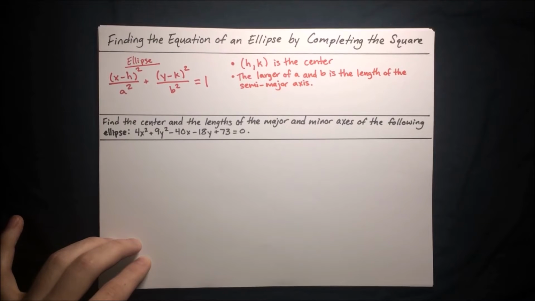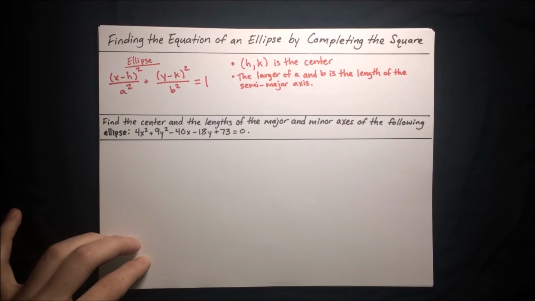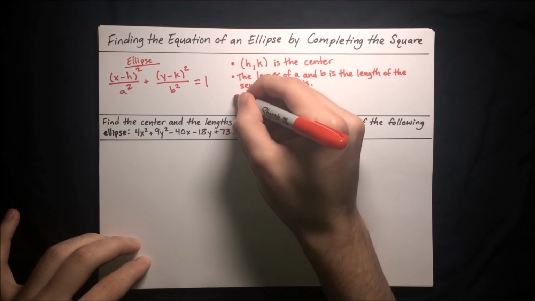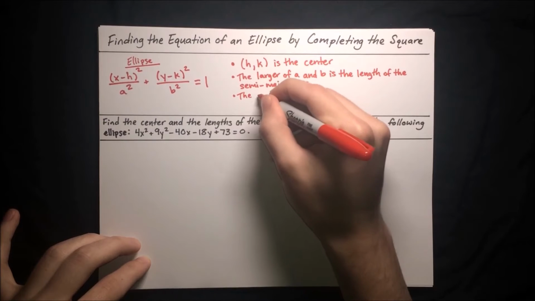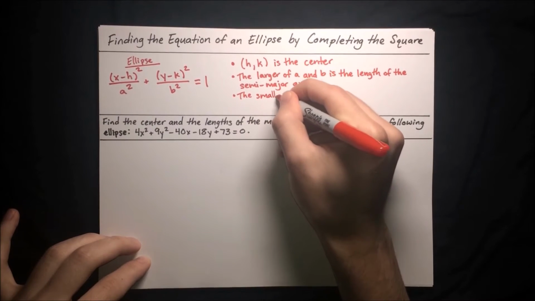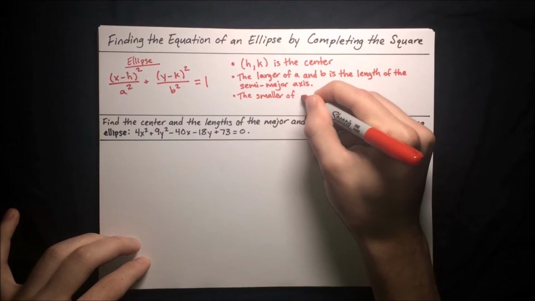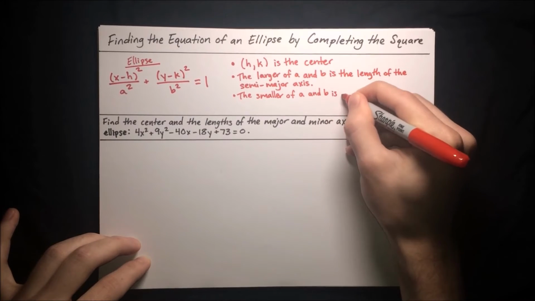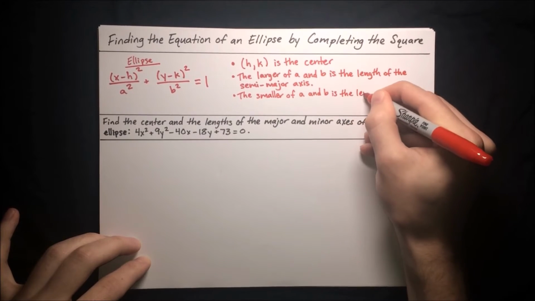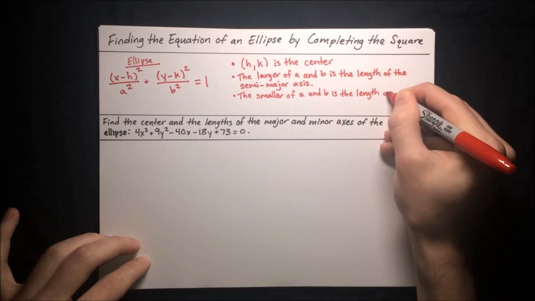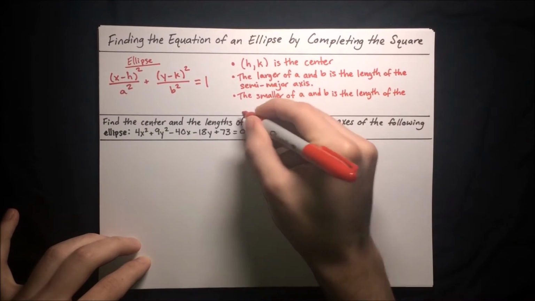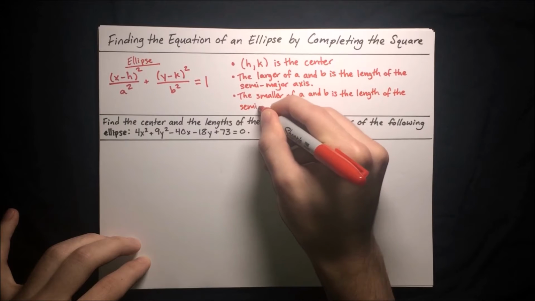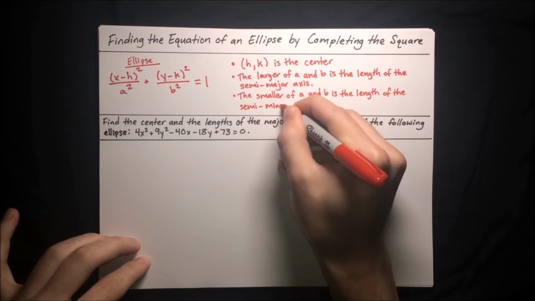So a and b are both constants, and whichever one is bigger gives us the semi-major axis, which is half the length of the major axis. Likewise, the smaller of a and b is the length of the semi-minor axis.